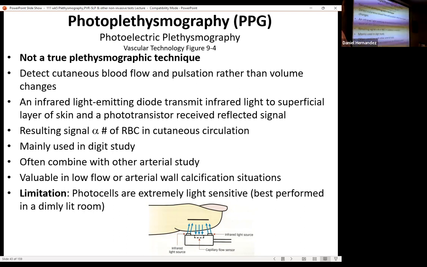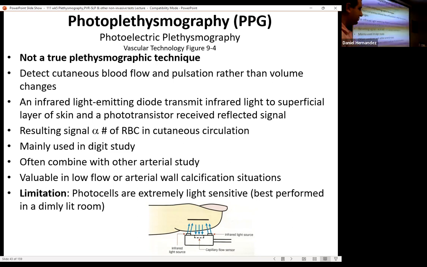So why do we use it? It's good for very slow flow states, or when there's very poor circulation. It can also be used when there are arterial wall calcifications, so we often do this for diabetic patients, particularly if the vessels are non-compressible. We use this to get information about the toes.